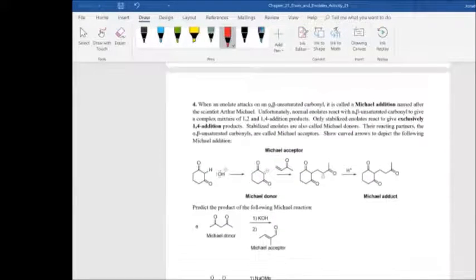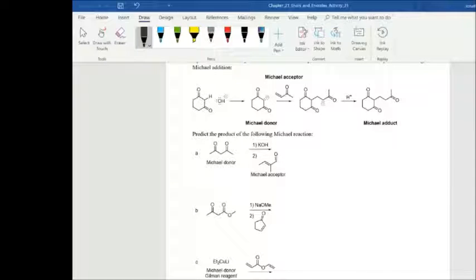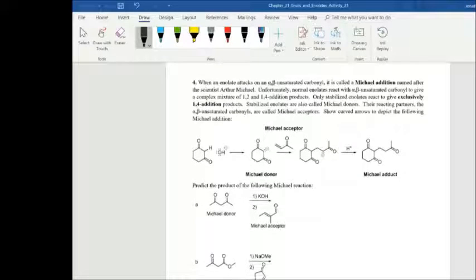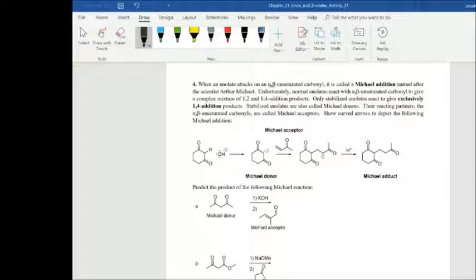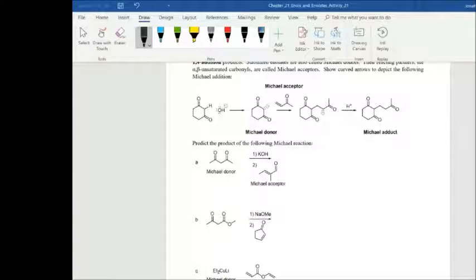Okay, now let's go down to basically what the Michael donor is doing. The Michael donor's hydrogen is getting deprotonated, and it's basically being a strong enough nucleophile to attack the Michael acceptor either at the 1,4 or the 1,2 position. We'll learn later in this chapter or in this specific activity that there's a way to selectively make 1,2 and 1,4.